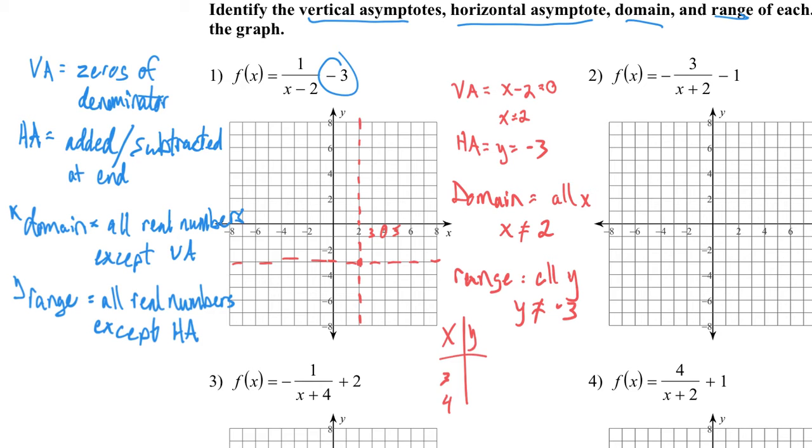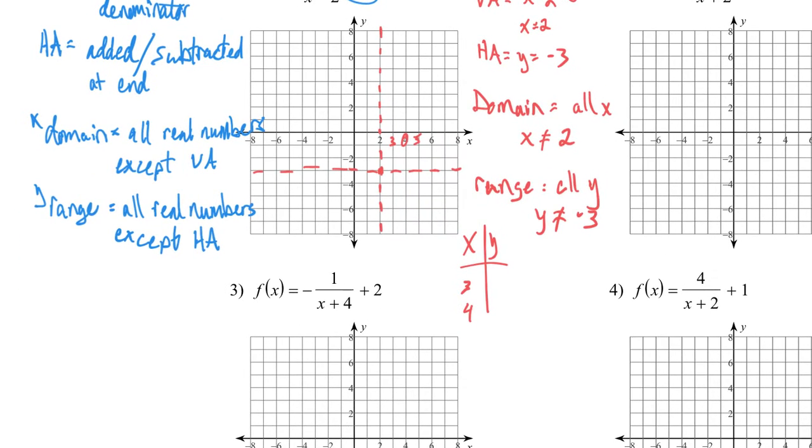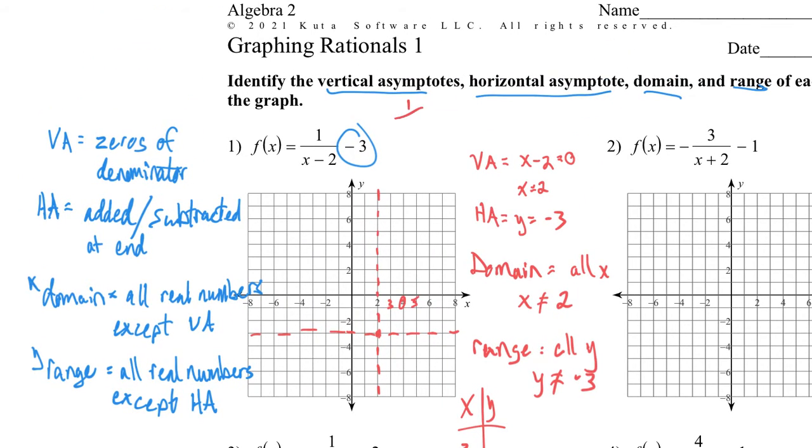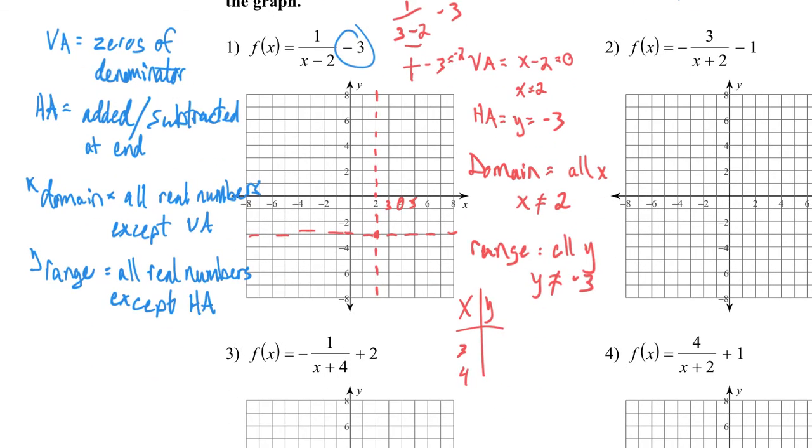So plug in 3, we have 1 over 3 minus 2, minus 3. 3 minus 2 is 1, 1 over 1 is 1, 1 minus 3 is negative 2. So at 3, we're at negative 2.